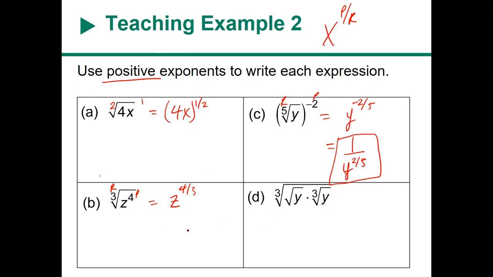Now let's do D. D gets fun. All right, so D, we have a couple things happening here. It's both of these, so we work our way inside out. So I'm going to start on the inside. And on the inside underneath this cube root, we have y to the 1/2 times y to the 1/3. And that's because the root here is 2, the power is 1. The root here is 3, the power here is 1. So I can simplify the inside.